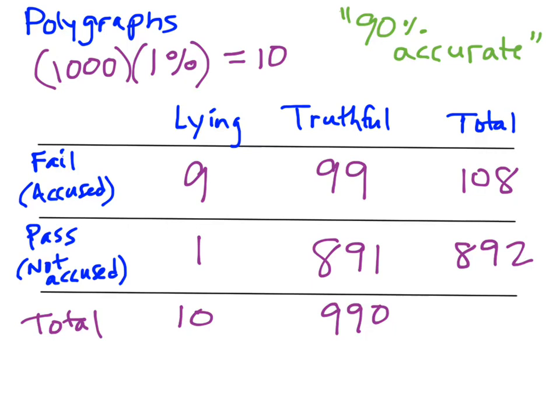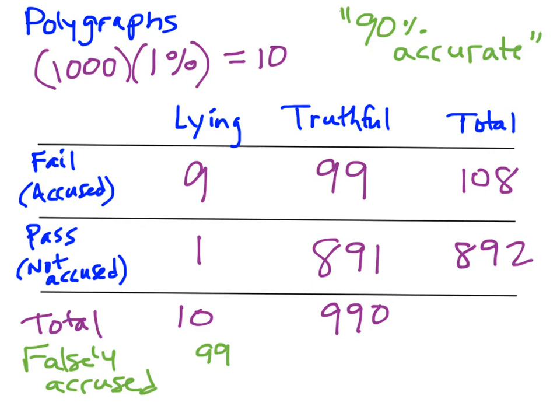So the interesting question is, how often are people falsely accused? The falsely accused would be people who were accused of lying, meaning they failed the test, but they were falsely accused, meaning they were telling the truth. So that's these 99 people.